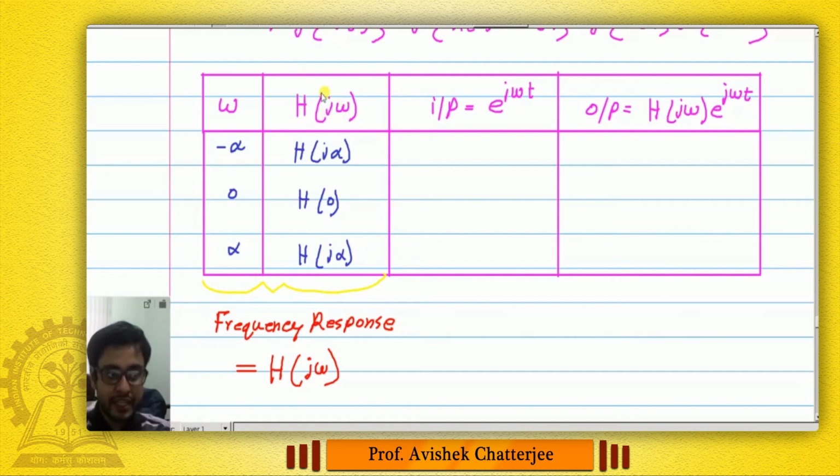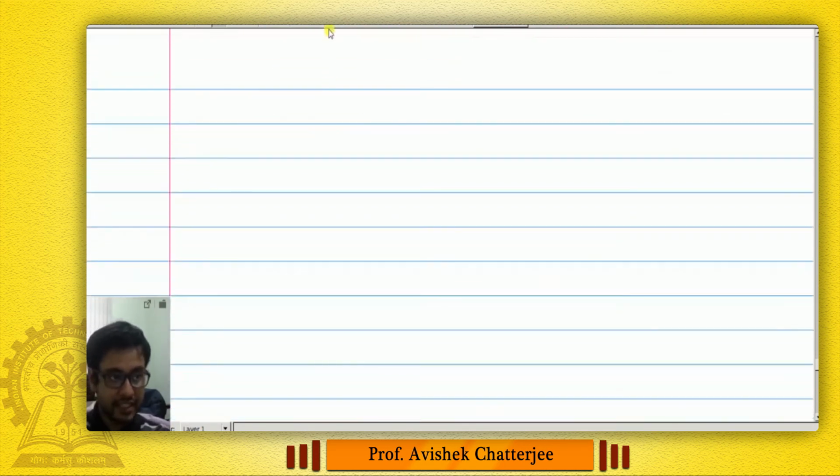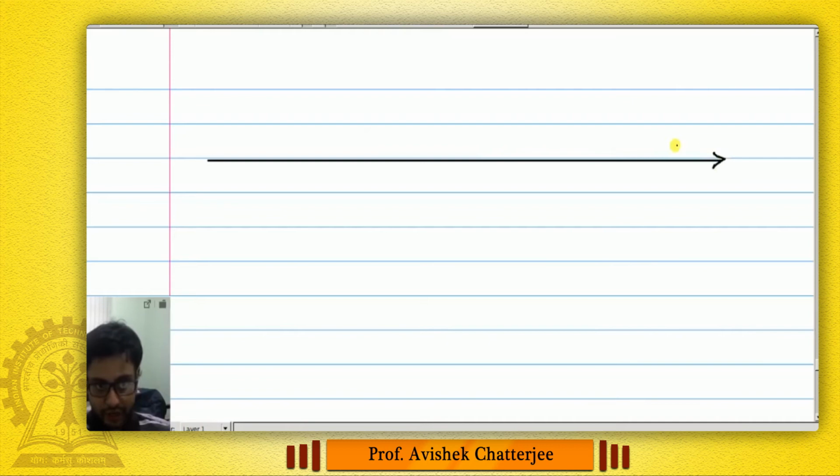So it will be nice to represent this function graphically like this. We will represent with this horizontal axis different frequency values ω, and we want to plot H(jω) as a function of ω. However, this is a complex number in general, so we cannot plot this in one graph.